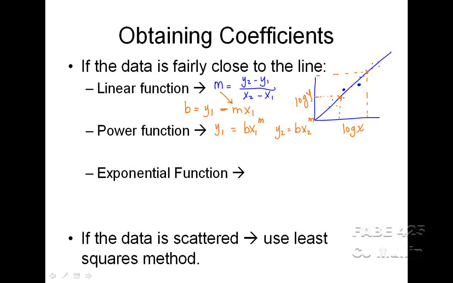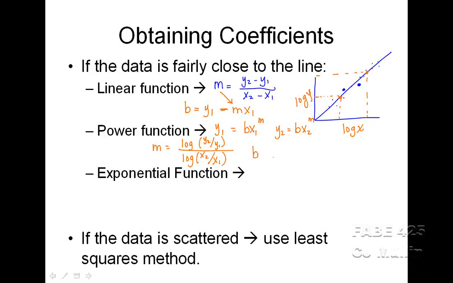And if you merge the two of those together, you can get m is equal to the log of y2 divided by y1, divided by log of x2 divided by x1. So by solving these two equations simultaneously, we can get this.